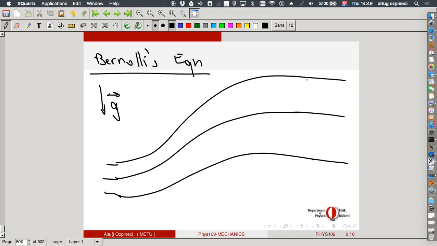So the two regions, their height, let's say it differs by h. Here we have pressure P1. And on the other side we have, let's say, pressure P2. And here we have the velocity V1. This is the flow velocity. Here we have the velocity V2. The speed.